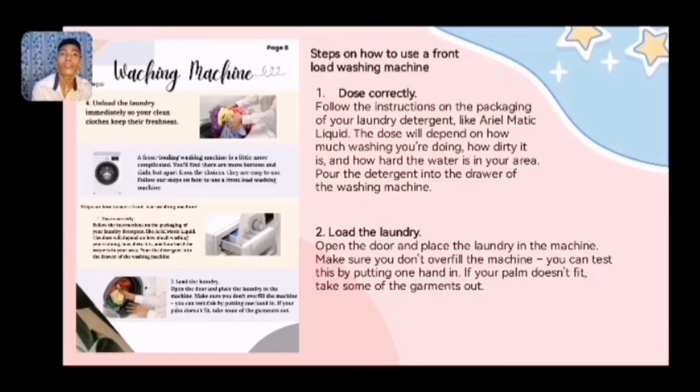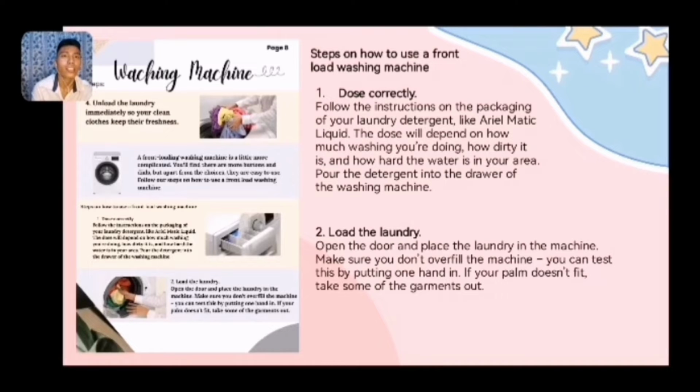And the steps on how to use our front load washing machine: first is to correctly follow the instructions on the packaging of your laundry detergent, like kanang sa mga washing detergent nga para sa washing machine. The dose will depend on how much washing you're doing or how dirty it is and how hard the water is in your area for the detergent into the drawer of the washing machine. So magdepende sa gidaghanon sa labhonon ang gidaghanon sa imong laundry detergent.